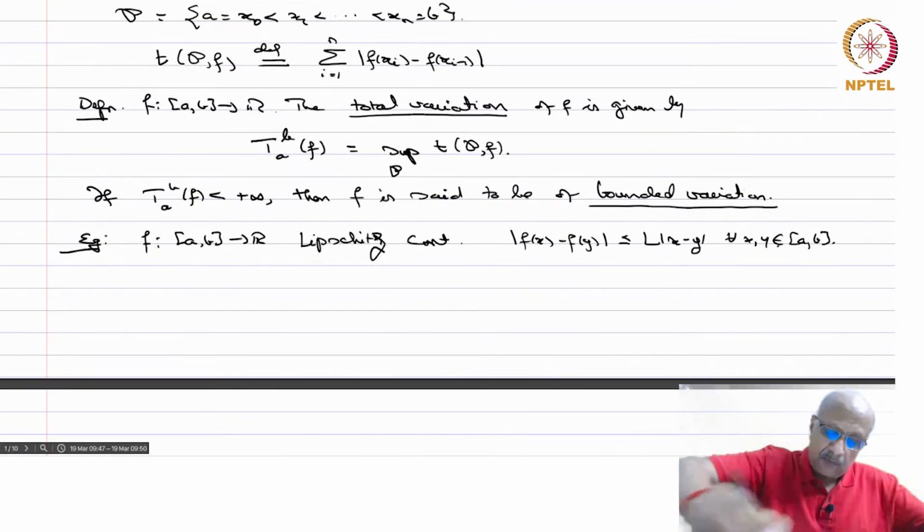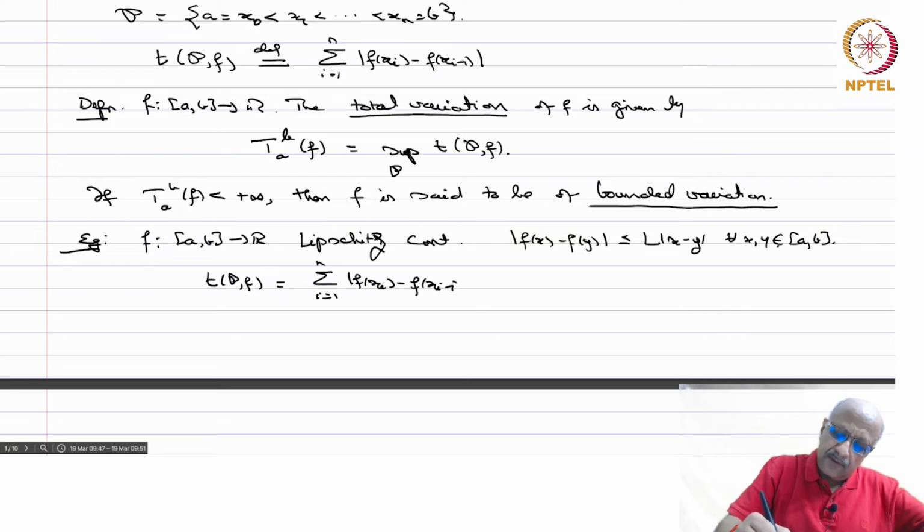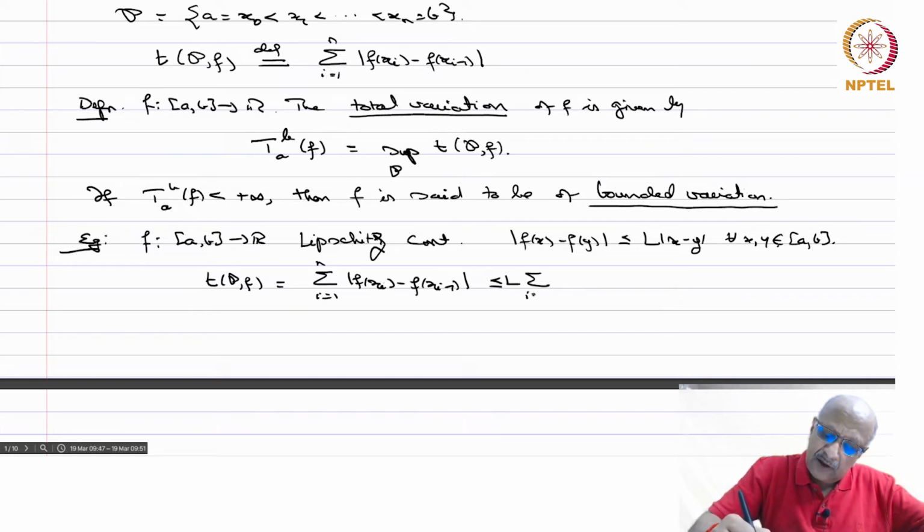Now this is of bounded variation because if you take any partition P, T(P, f) equals the sum of |f(xi) - f(xi-1)|, which is less than or equal to L times the sum of |xi - xi-1|, but xi is a partition, so this is nothing but b - a.